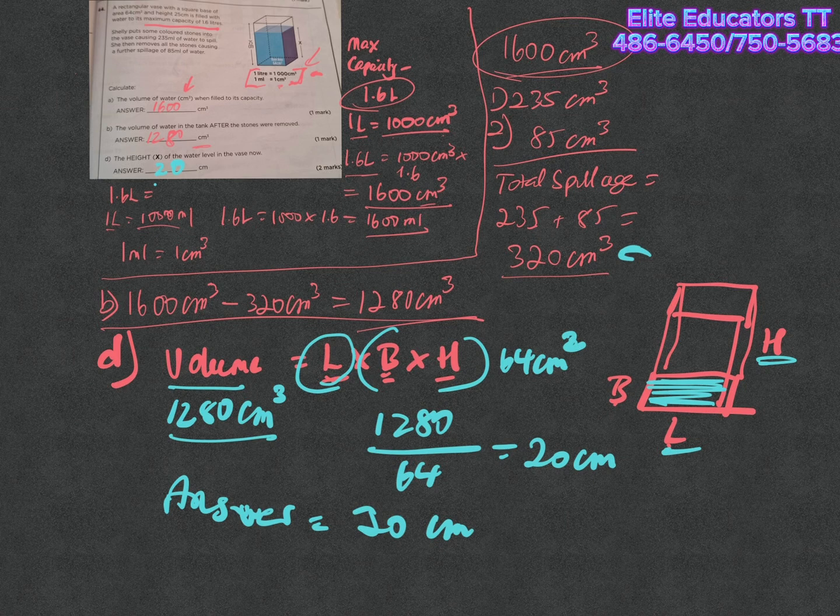And the third one, which is the most challenging, is we already have the area and want to find the height. So we take the total amount of water left, which is 1280 centimeters cubed, and divide it by the area, which gives us centimeters squared, and we get 20 centimeters, which is the height of the water.